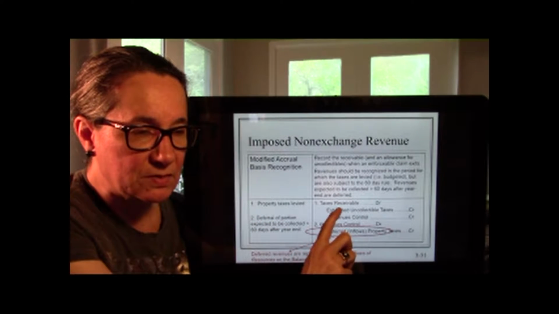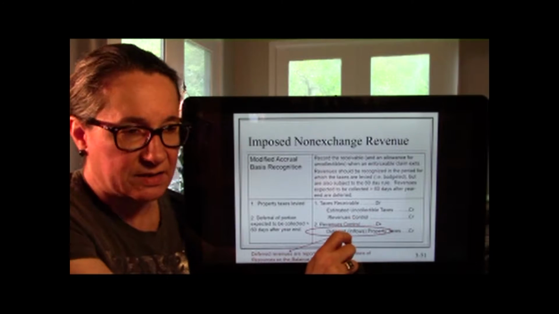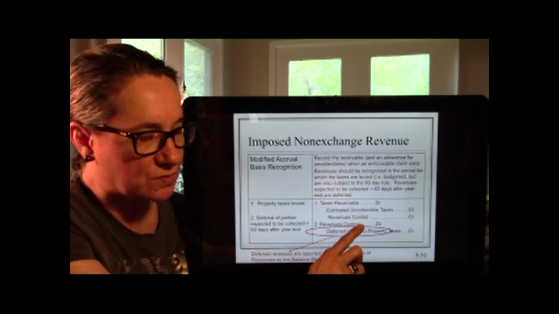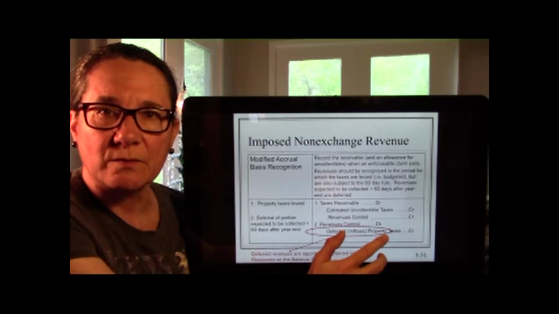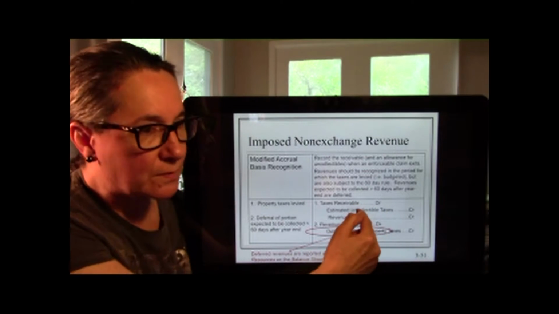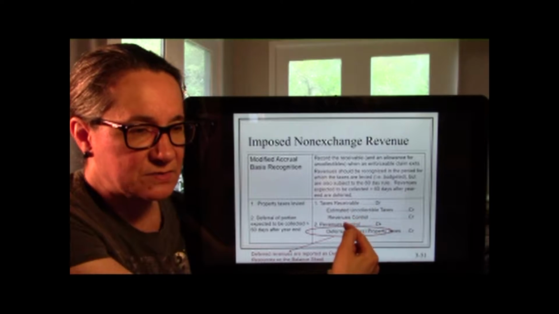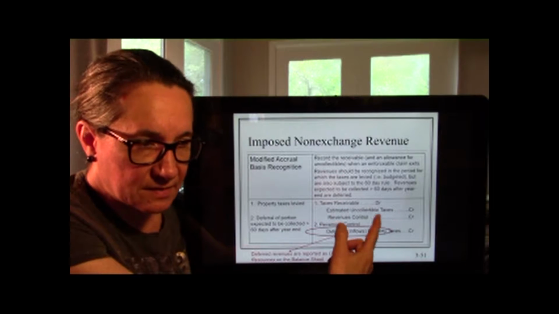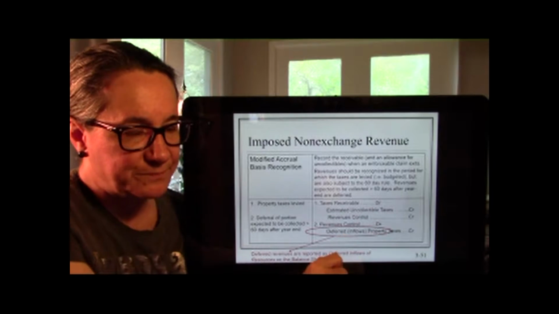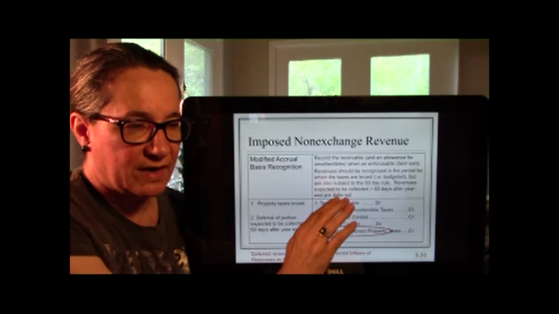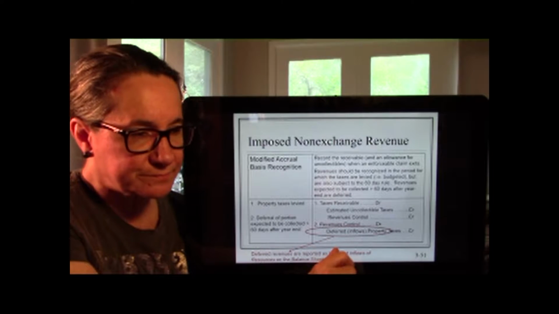Taxes receivable, estimated uncollectible taxes, and revenues control. You just call that revenues account, right? So then your debits equal your credits, so it does look like you're going to get this revenue. And you put it down as receivable and revenues.